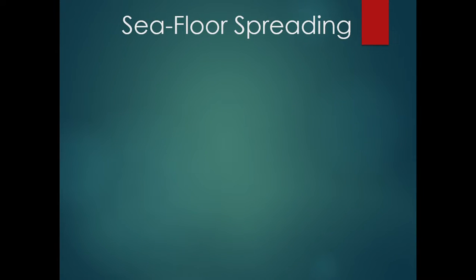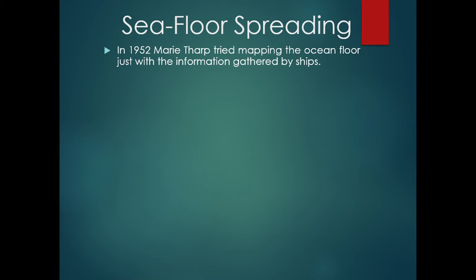So the topic that we're going to talk about today is seafloor spreading. In 1952, Mary Tharp tried mapping the ocean floor just with the information gathered by ships. And this is something very interesting because ships were using sonars. Basically, the sonar is a device that sends waves of sound inside the water.